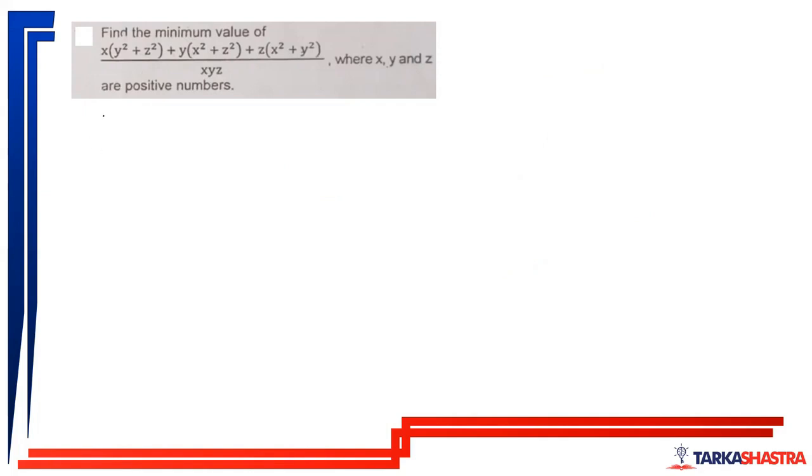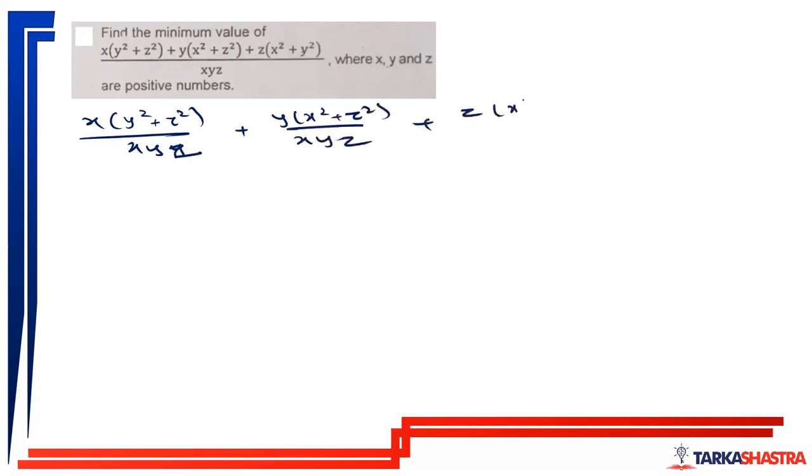How can I do it? I can write x into y square plus z square upon xyz, plus y into x square plus z square upon xyz, plus z into x square plus y square upon xyz.